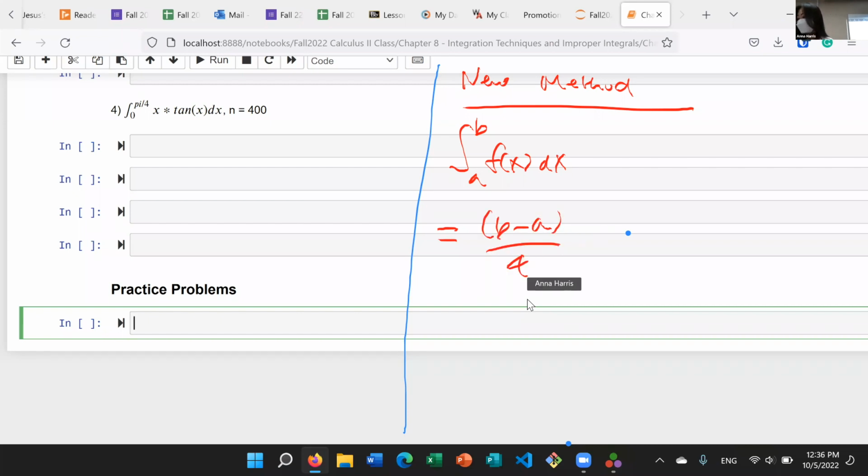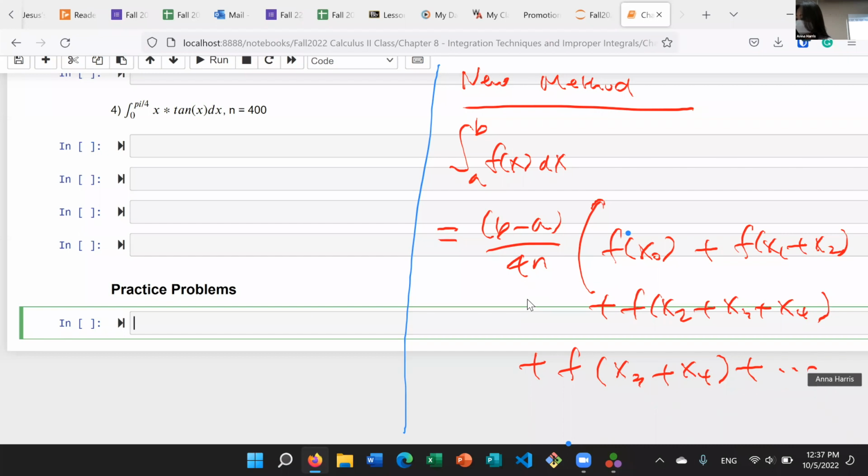So I'll say forward, and I'm going to say 0, and the next one f of x1 plus x2 plus f of x2 plus x3 plus x4 plus f of x3 plus x4 plus dot dot dot. Well, this particular problem, I'm going to say f of, say, x5 and done.